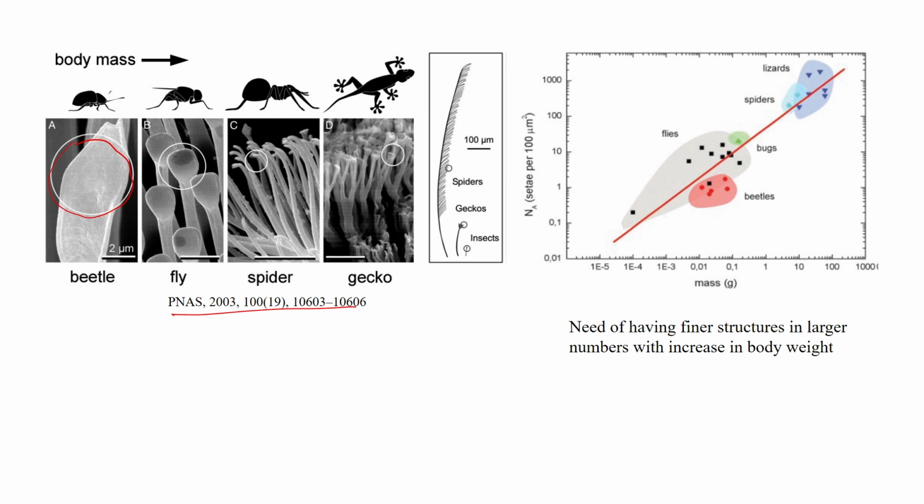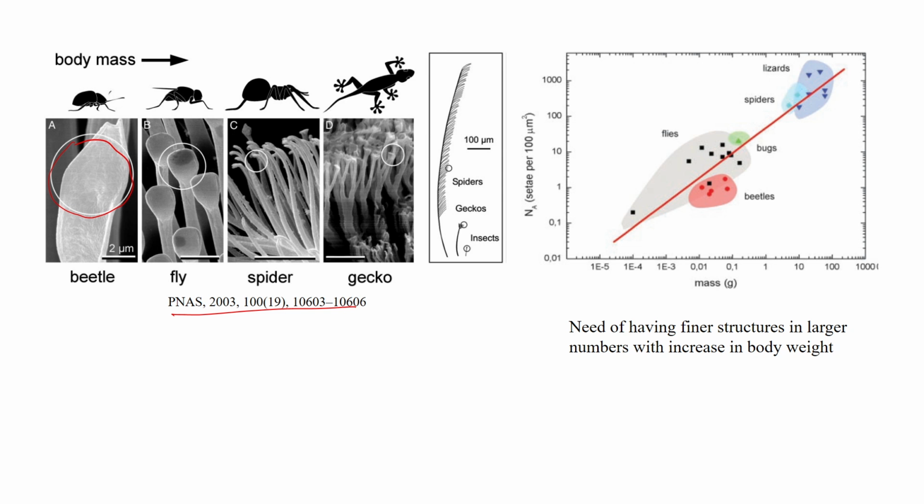So the design of the adhesive pads in nature is optimized through evolution. What we can see is that the number density of these pillars on the adhesive pad of the feet varies from here to here.